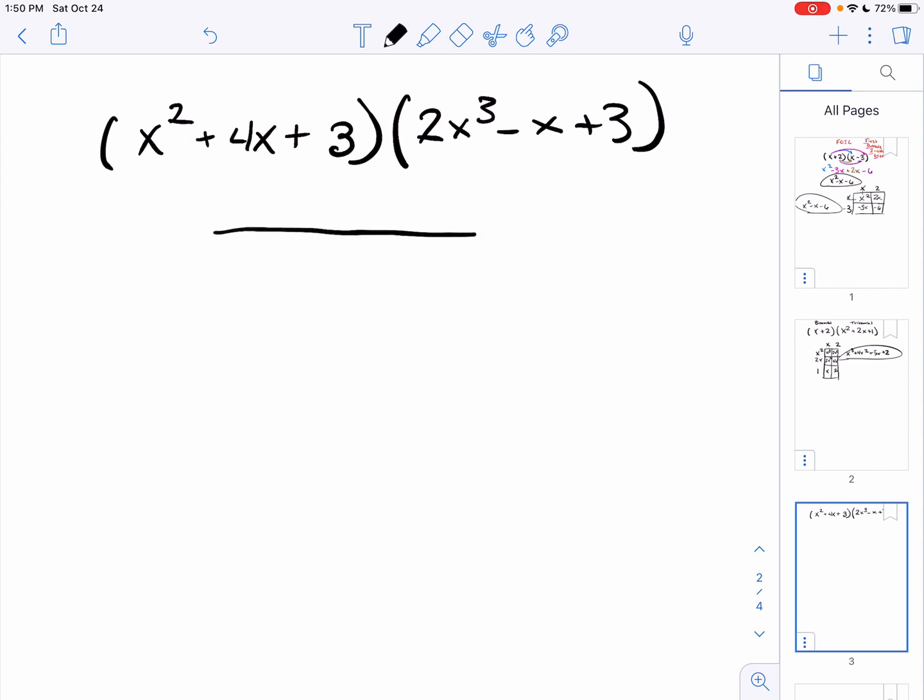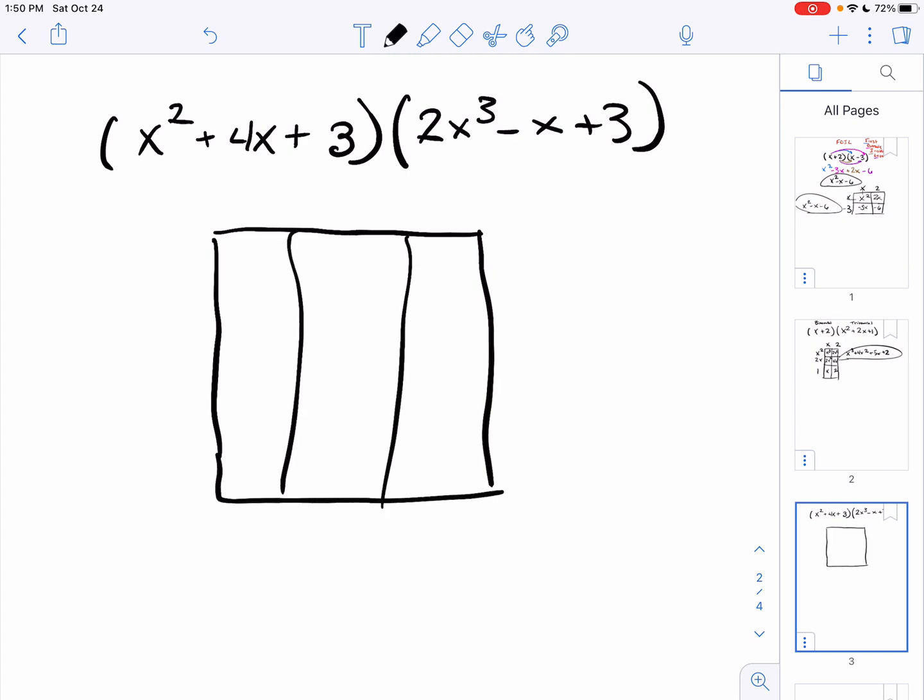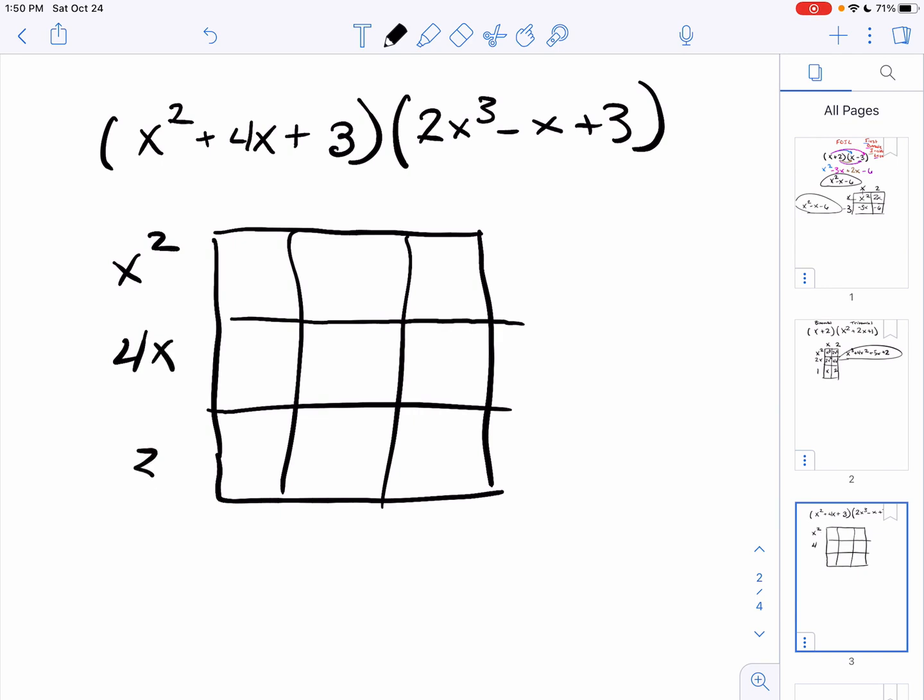This time we're going to make a 3x3 box. And the reason for that is because we have 3 terms in each. We have 2 trinomials. 2x to the third minus x, and then 3. So we're going to do the same thing we've been doing and multiply in the box.